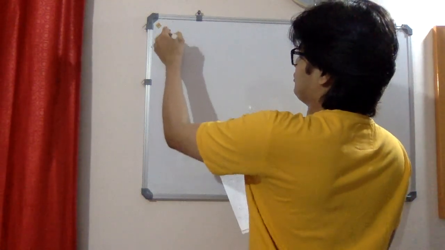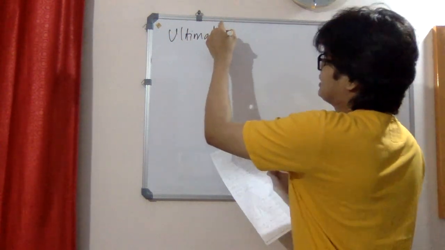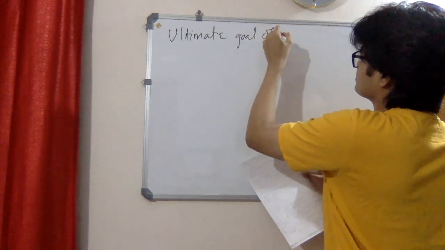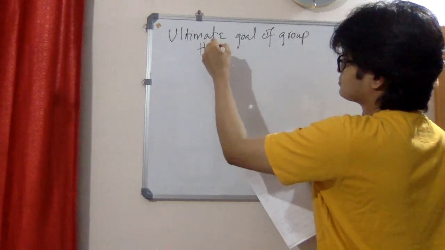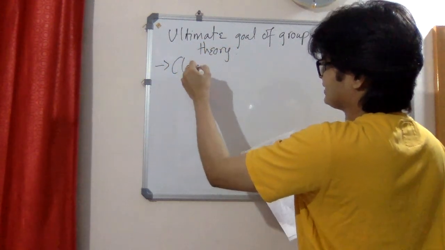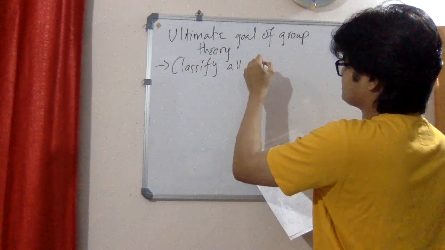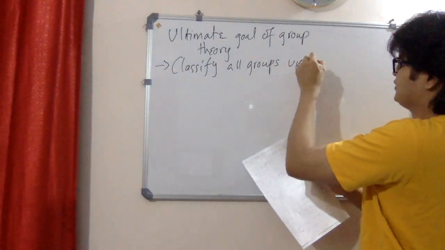So the ultimate goal of group theory is to classify all groups up to isomorphism.